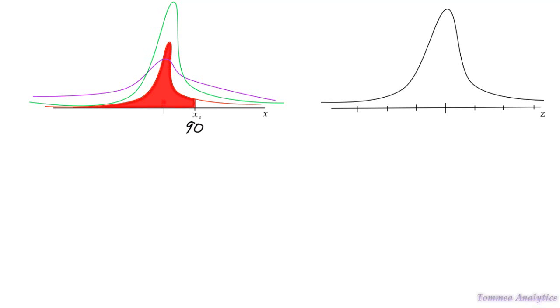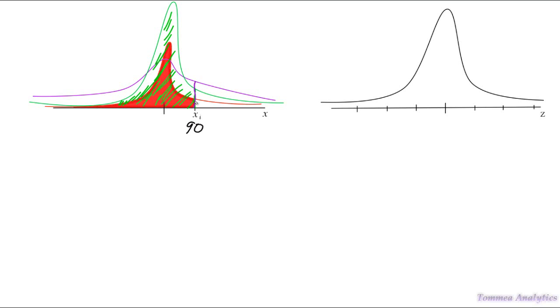And looking at the green, on the same spot here, we'll go ahead and shade the area to the left. And as you can see, there's a lot more area. And this extends all the way out into the tail towards negative infinity. And for the purple, the same idea applies.